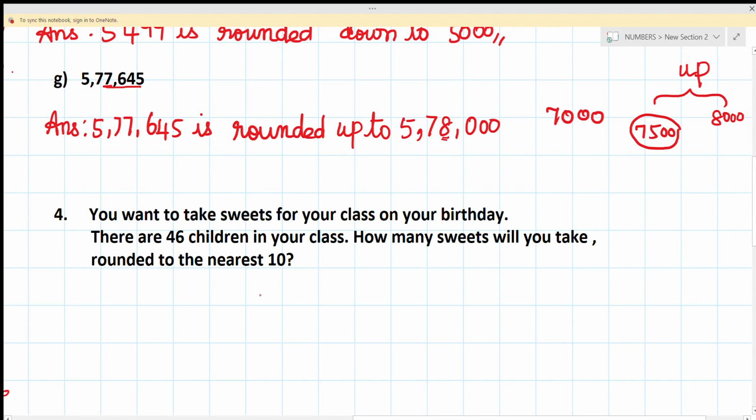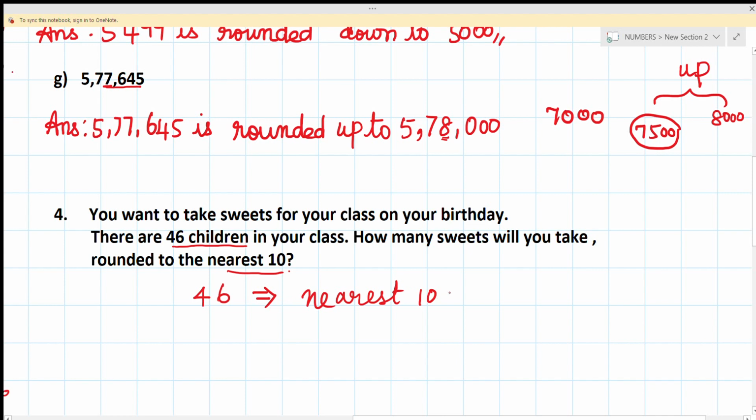So as I told you, we have to round up the sweets and you should take it to your class for your birthday. So here 46 children are there in your class. So what we are going to do is, we are going to round up the number to the nearest 10. So 46 we are going to round to the nearest 10.